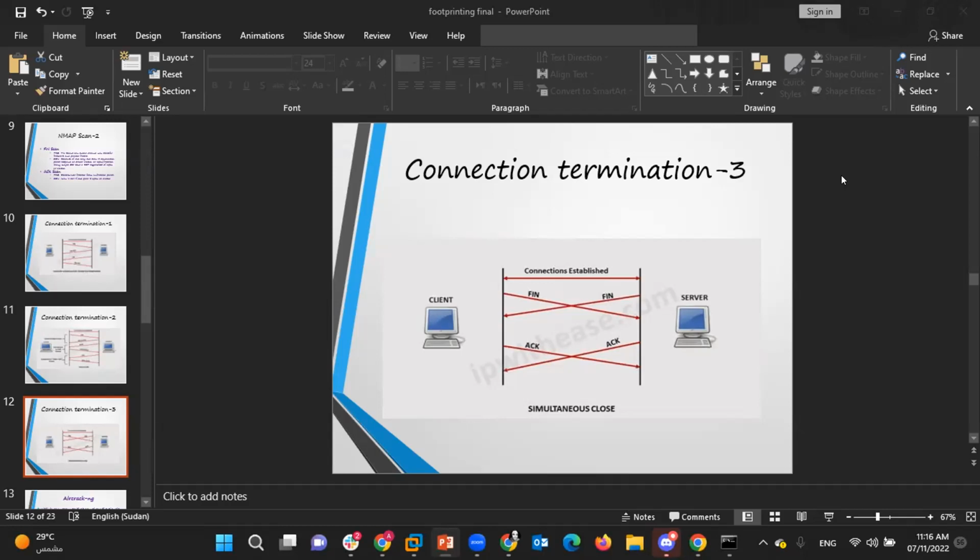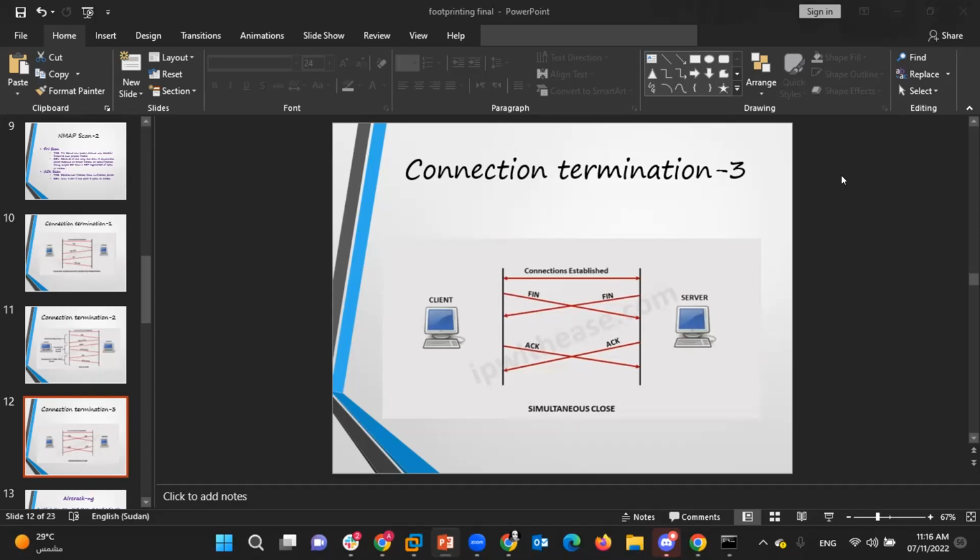When the server received the FIN packet from the client, it sent an ACK packet to the client, which means I'm going to terminate this connection. I sent you a FIN first, and I got a FIN packet from your side.